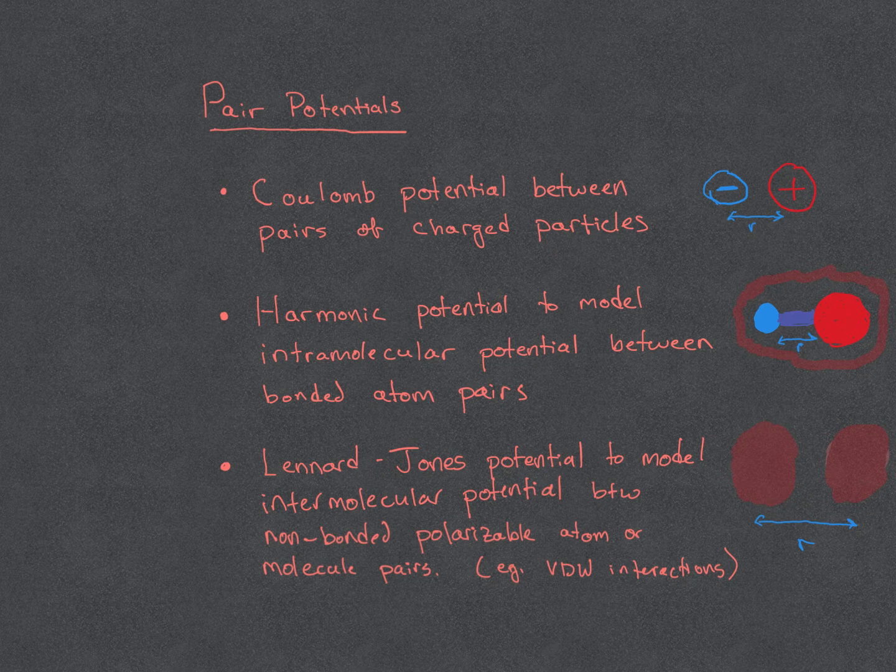And they would experience a potential. A lot of times we call that a van der Waals interaction. It's not really a bonded pair experiencing a potential, and it's certainly not just a simple set of charged particles like the Coulomb potential, but it certainly experiences a potential. And we use something called the Lennard-Jones model to describe that potential.